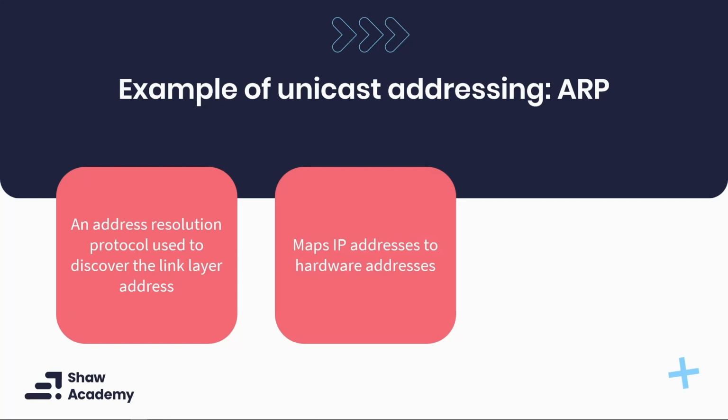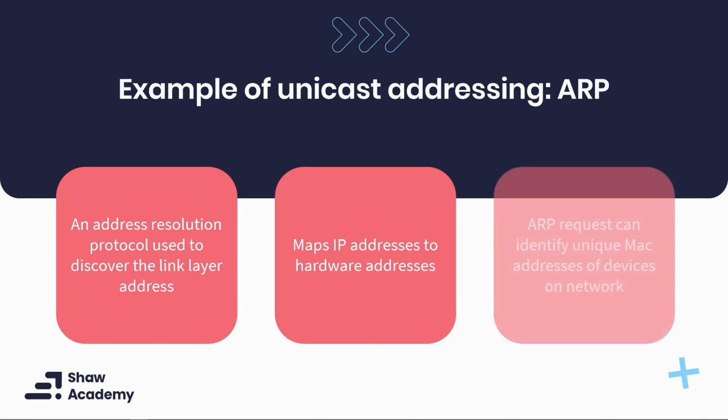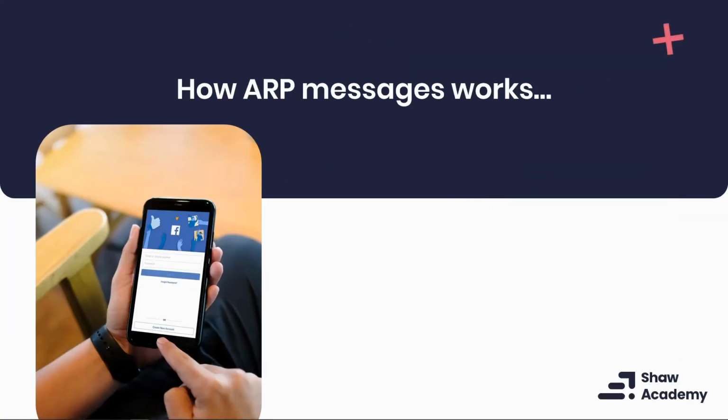ARP is a good example of a unicast request, and during the course of Lesson 8, we will analyze some ARP requests sent by network devices. Now, because these MAC addresses are unique to the physical component of the devices, the ARP request will be able to identify these devices on the network. Okay, let's explore how ARP messages work.